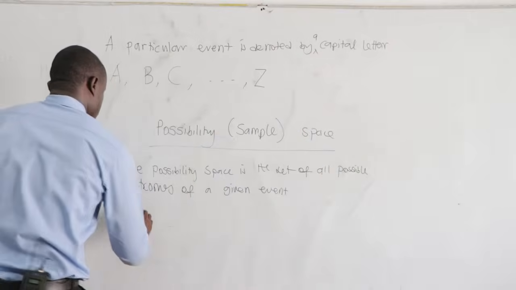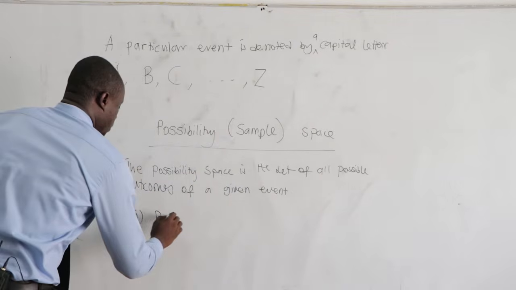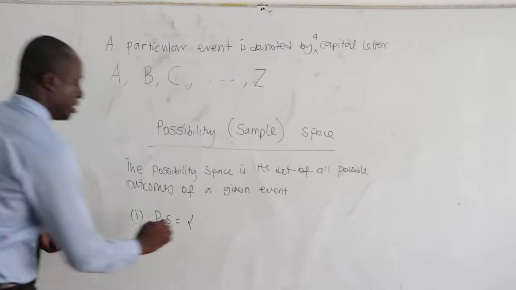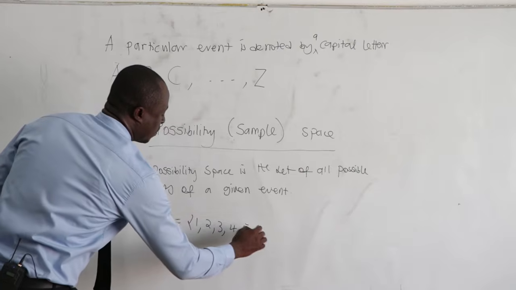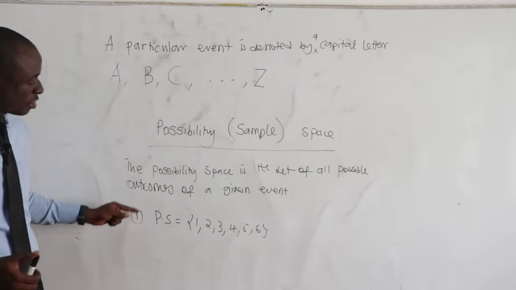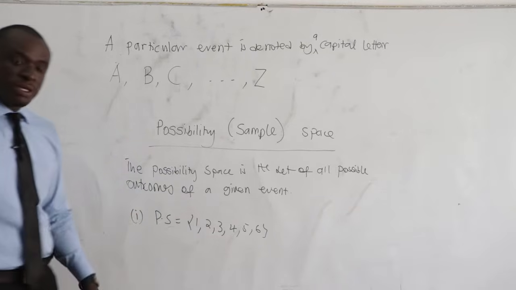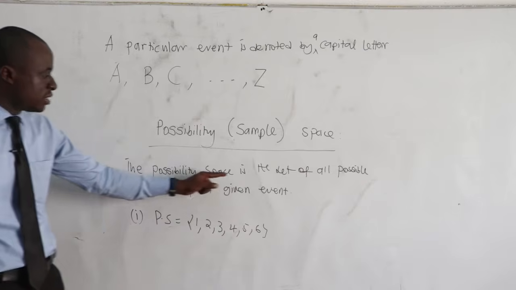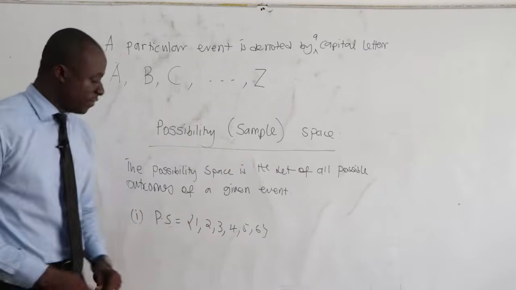So the possibility space for the die is 1 all the way to 6. We are saying that the possibility space is the set of all possible outcomes of a given event.